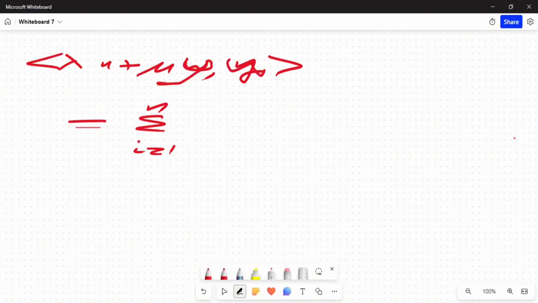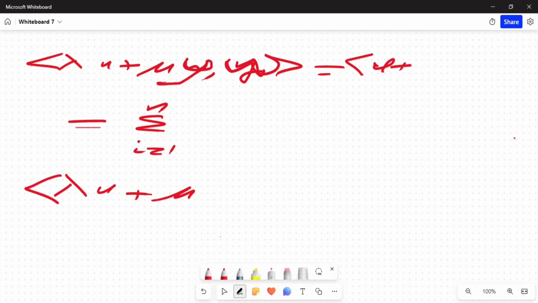Let me do this one y and this one w. Since we are using w bar, what I want to do is the inner product of lambda u plus mu y, comma, w, right?